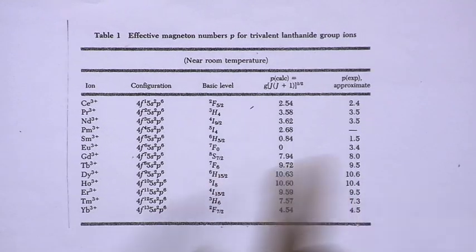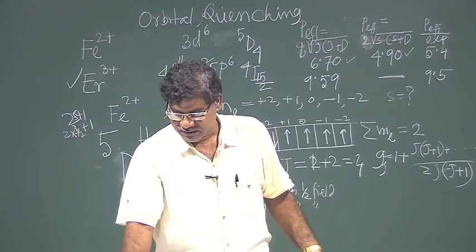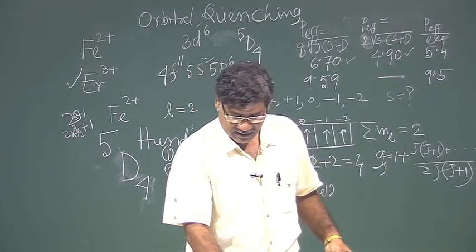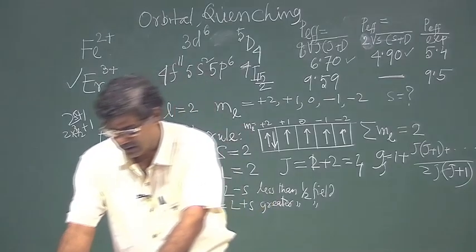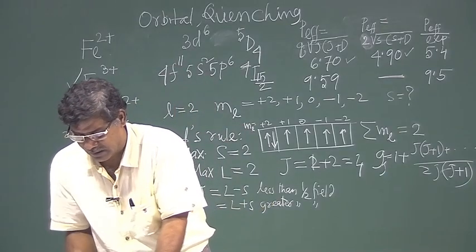Practice for the others, I have shown you the list. Another one is the iron group. Whatever result is given, just check it, it will be good practice for you.